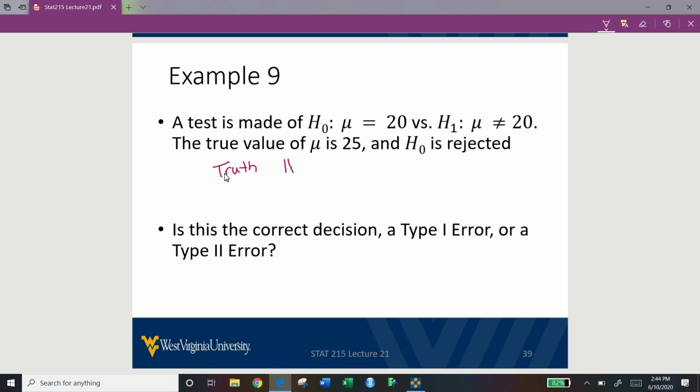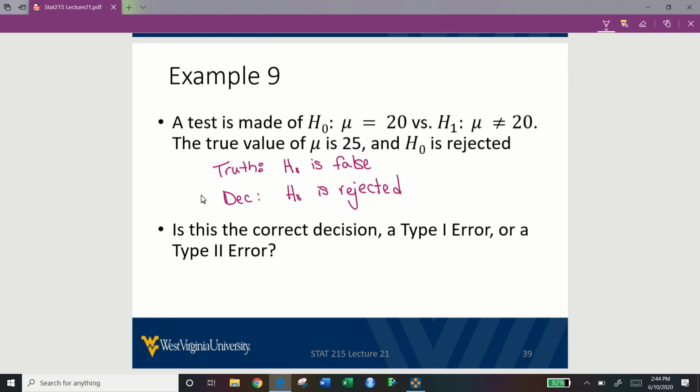The truth is that the null is false because mu equal to 25 is going to fall in line with the alternative hypothesis. So again, our null is false. That is the truth. Our decision was that our null is rejected.